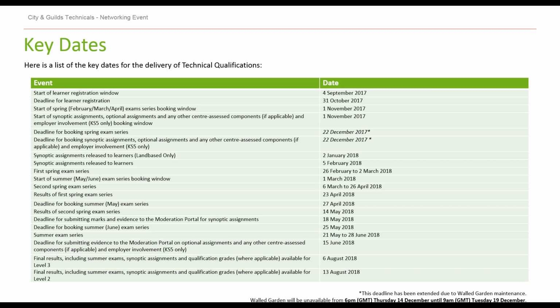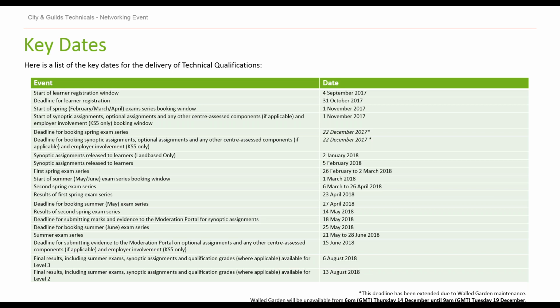It then tells you your deadline for submitting your marks onto the moderation portal for the synoptic assignment, which is the 18th of May. Please don't leave it until the 18th of May. Please start uploading your evidence prior to that date. It then tells you when you will get your final results. Like GCSE, like A-levels, level 3 comes first.